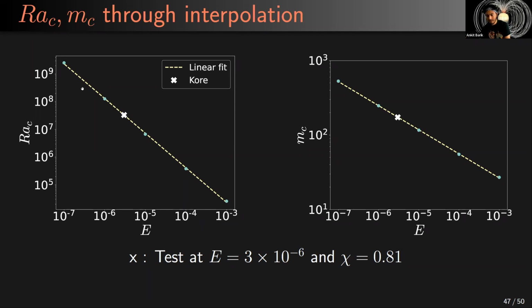Many people still run dynamo simulations at Ekman 10 raised to the power minus 4 or so. So if you're trying to run dynamo simulations at minus 5 or minus 4, asymptotics are not going to help you, but our database can easily just give you an answer in a few seconds without having to write or solve any actual code.